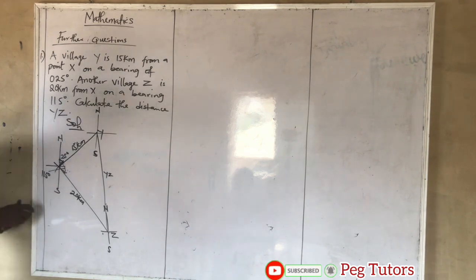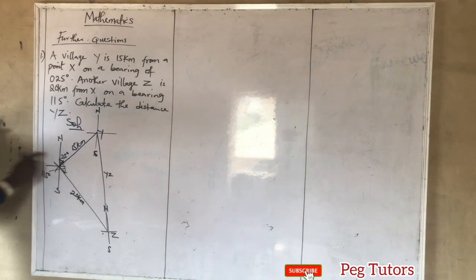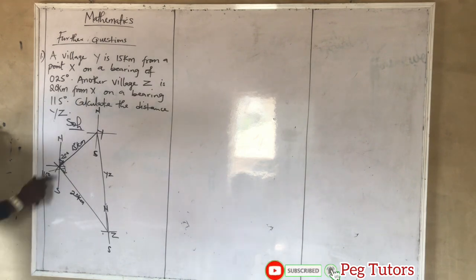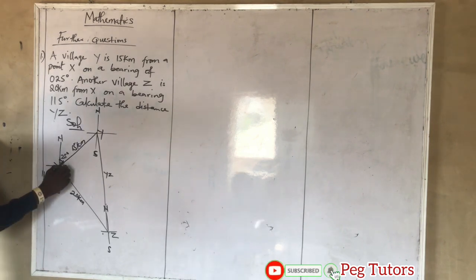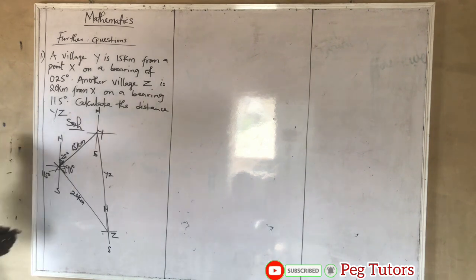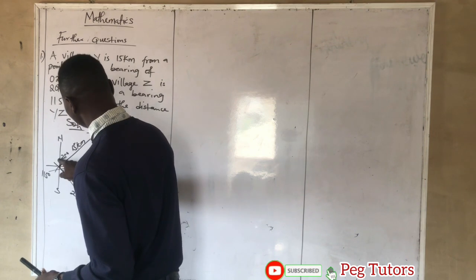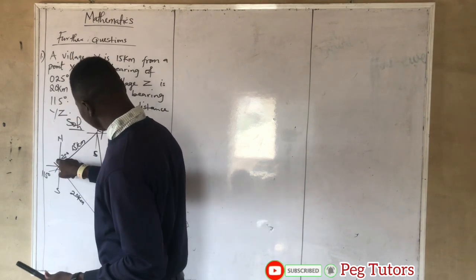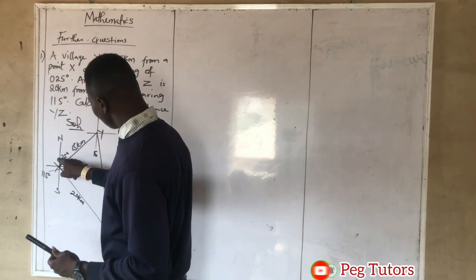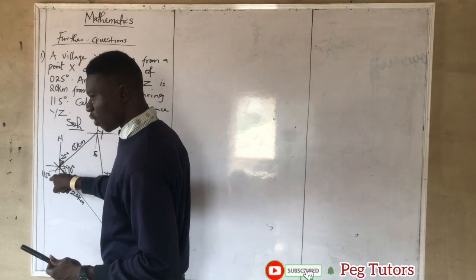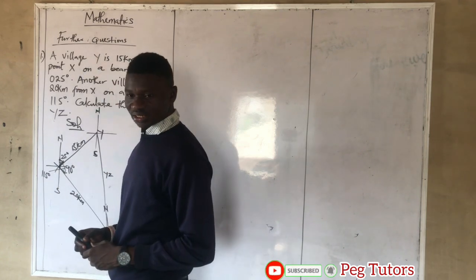Now, if from here to here is 25, and from the same point to this place is 115, what will be from here to here? Here will be 90 degrees. How did we get it? We said from here to here is 25 degrees, and from the same place to this place is 115. So we have to remove 25 from 115. That will give us 90 degrees.